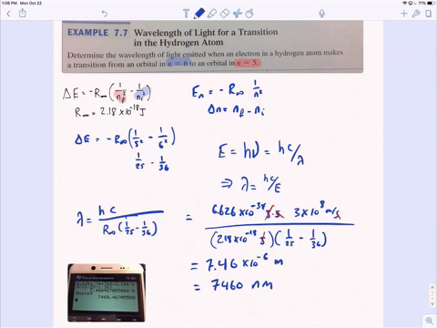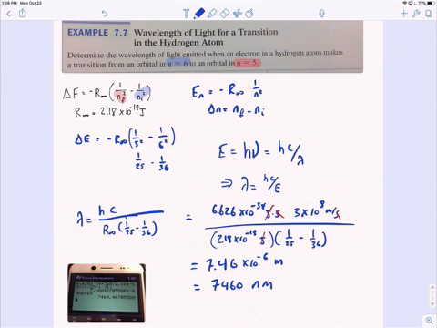And the delta energy is 1 over 5 squared minus 1 over 6 squared. Transferring the energy to the photon gets rid of the negative sign. The energy of the photon is hc over lambda, which you can solve for lambda being hc over energy. So we plug that in. H is Planck's constant, c is the speed of light. From that we get 7,460 nanometers.